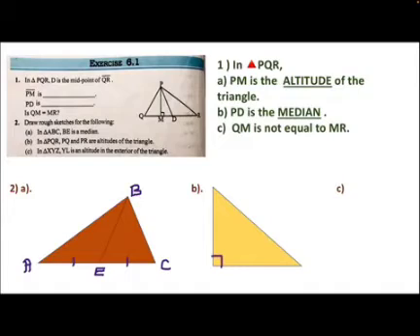Next one, in triangle PQR, PQ and PR are altitudes because, children, if PQR is a right angle triangle, then the triangle has 2 altitudes because those lines meet at 90 degrees. So PQ and PR are the altitudes of the triangle.